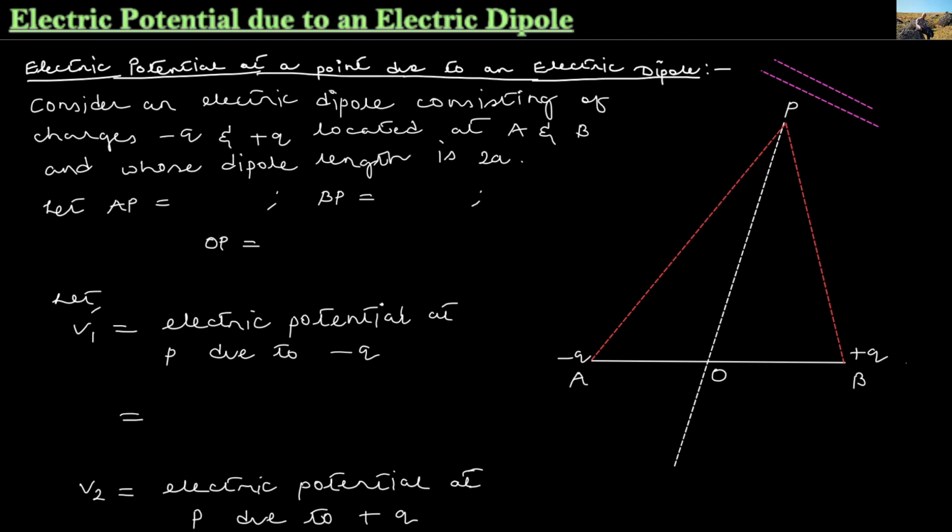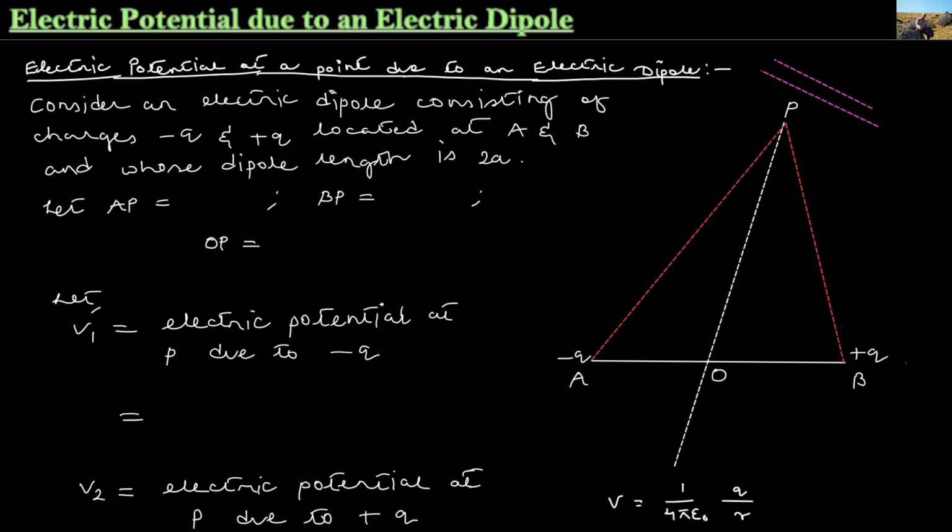We have learned previously that the electric potential due to a point charge is given by the expression, not E equals 1 by 4 pi epsilon naught q divided by r square. When we talk about potential, the symbol is V. V equals 1 by 4 pi epsilon naught q divided by r.